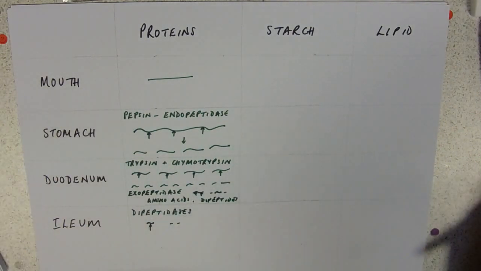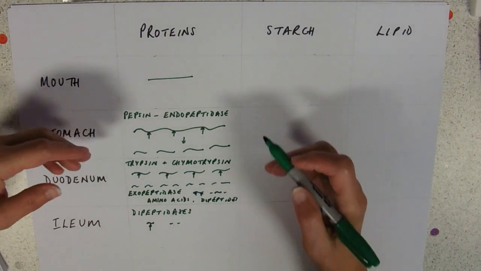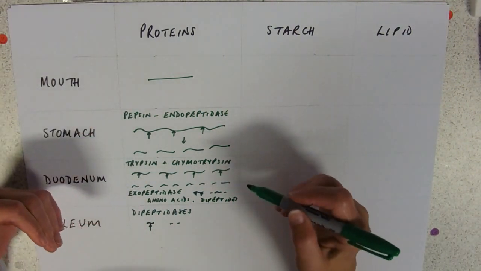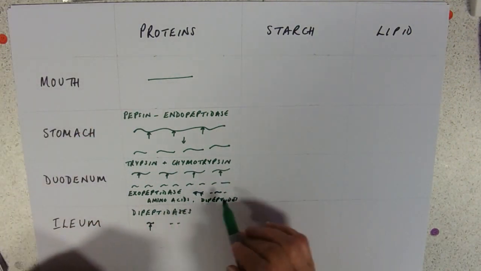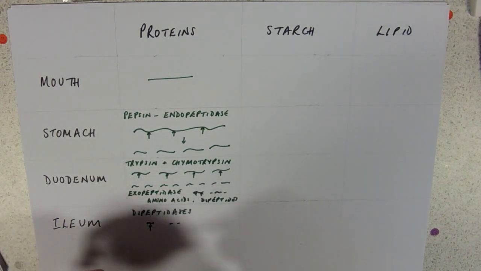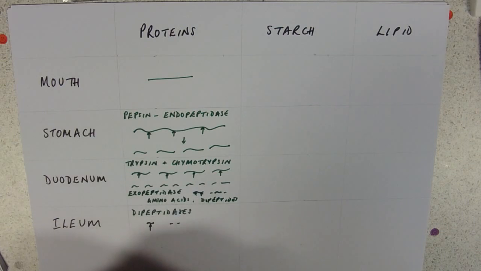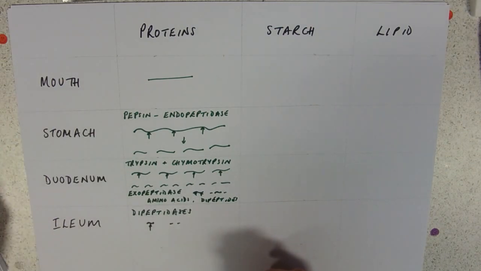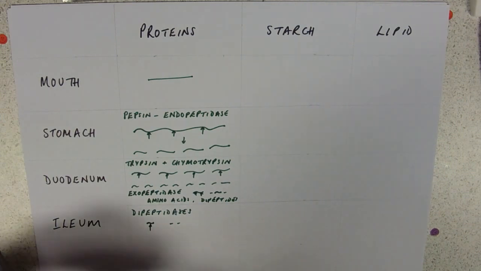So that's protein digestion. Endopeptidases make lots and lots of ends for exopeptidases, and dipeptidases then work on the final dimer of the protein. So that wraps it up for proteins.